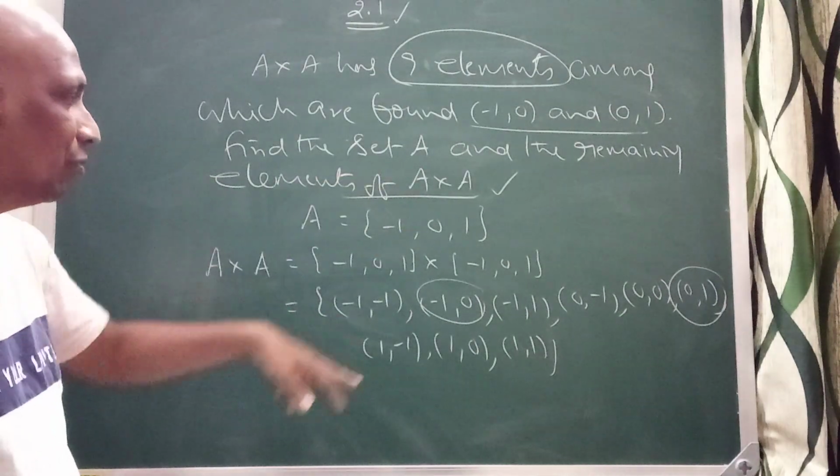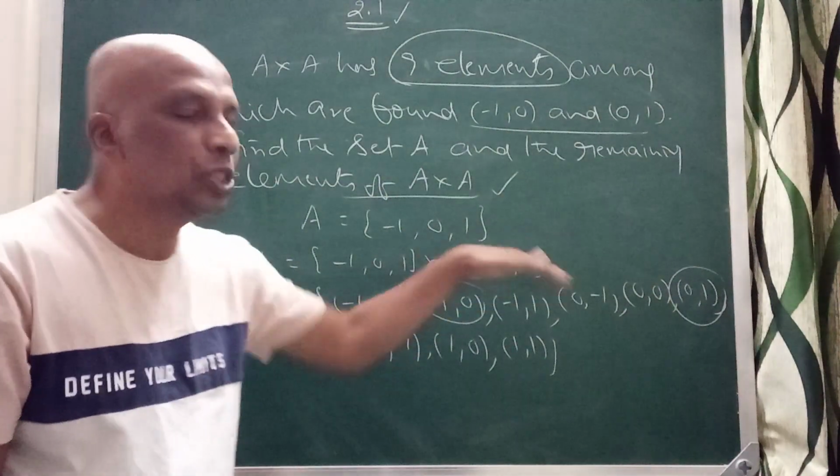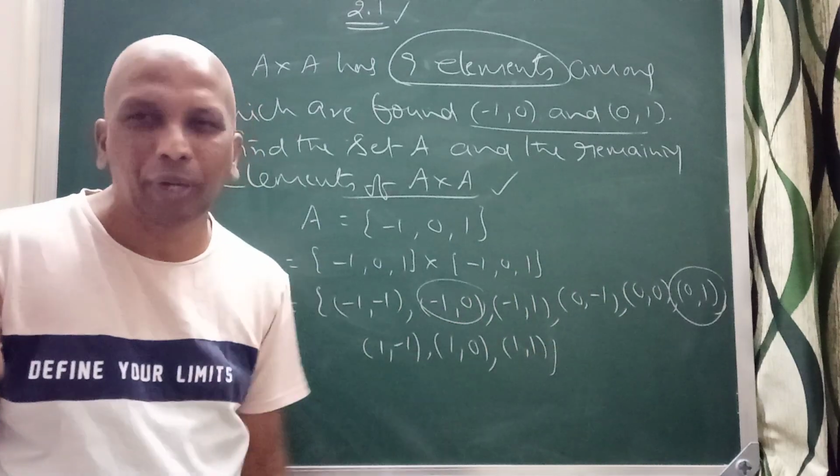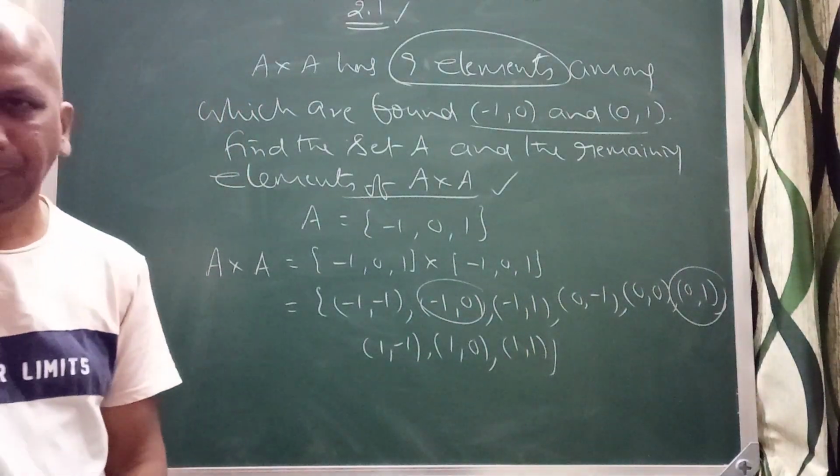Therefore the remaining elements of A cross A are the other 7. That will be your answer.